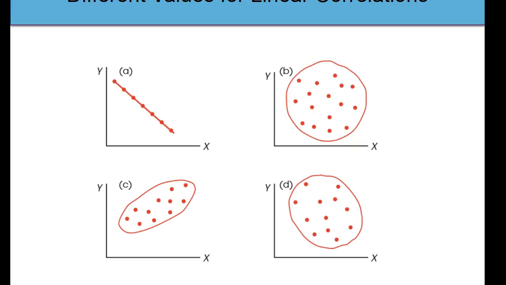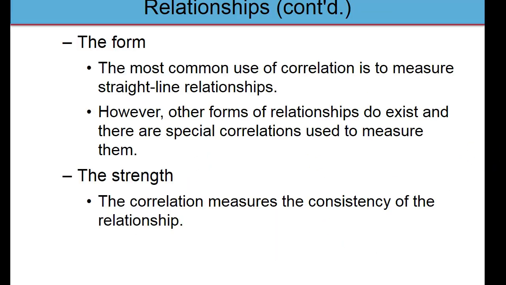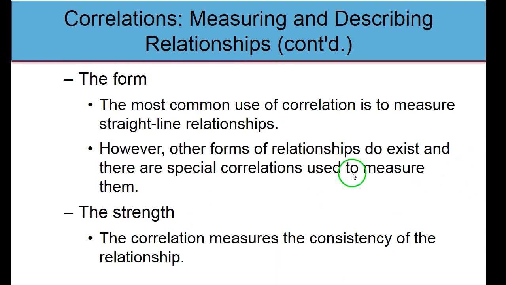All right, so the next thing to discuss is the form. We just got done talking about the direction. Now let's talk about the form. The most common use of a correlation is to measure straight line relationships, and that's because this is similar to some of the statistical tests we've been talking about.